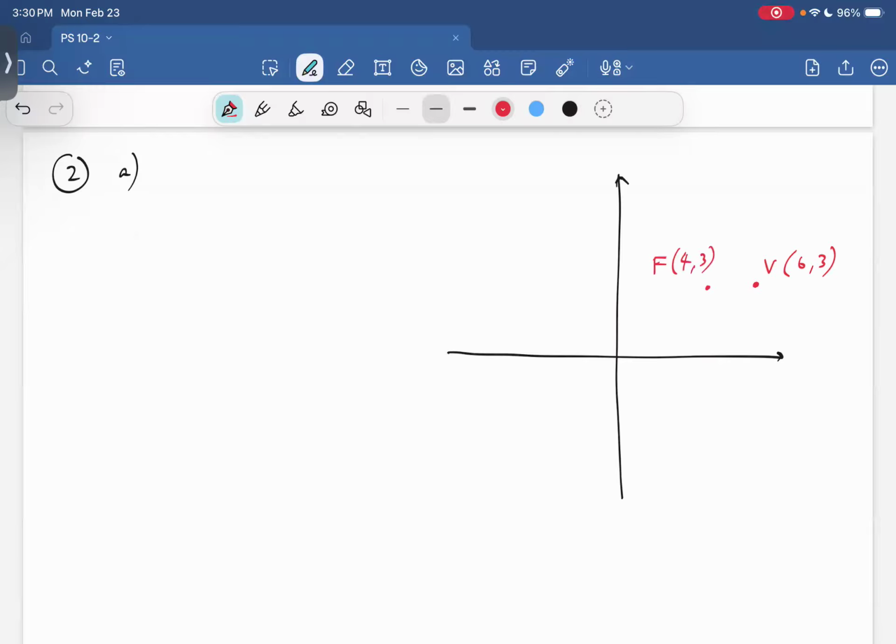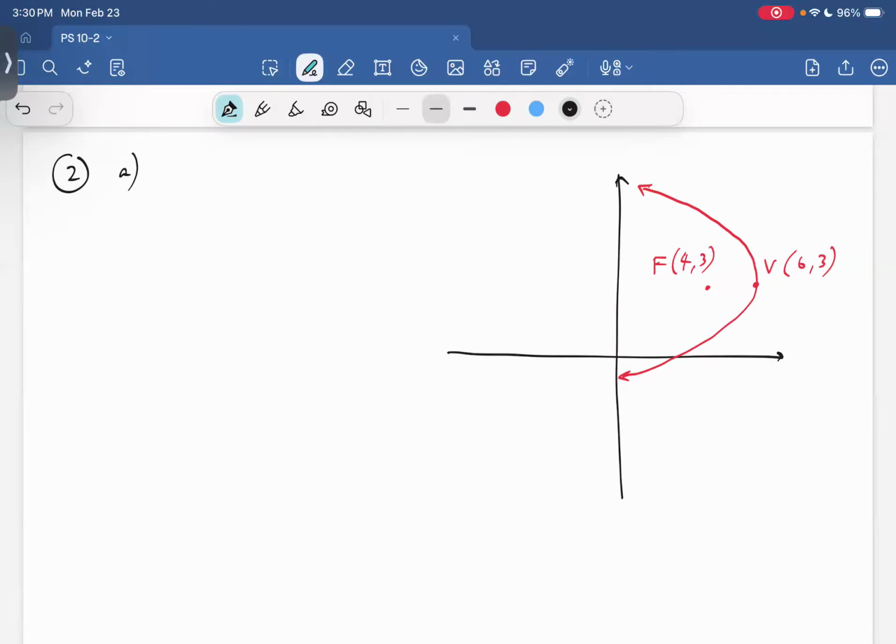So that means that the parabola always opens towards the focus. So it's a horizontal parabola facing left. So that tells us that P equals -2 because it's negative because it opens to the left, and it's 2 because the focus is 2 units away from the vertex.